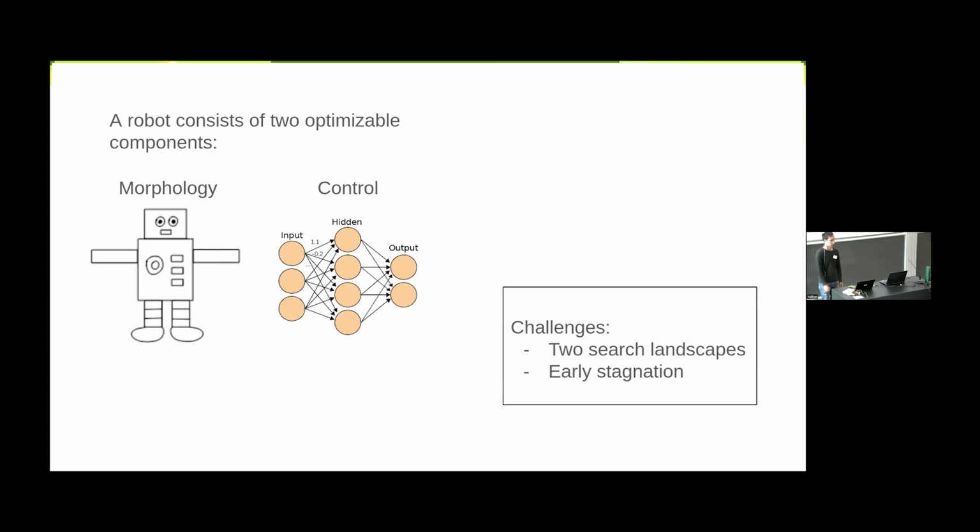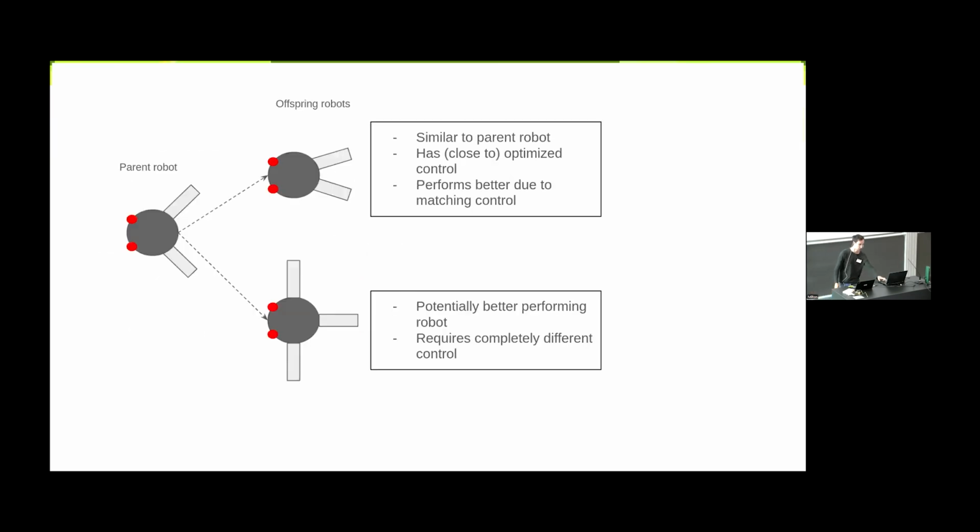turns into early stagnation. So how that might work is, let's say you have a parent robot and that introduces two different robots. The top one is an offspring robot, which is very similar to the robot and therefore has a very close to optimized control if you take the control of the parent robot. So it performs better due to matching control of the parent robot.